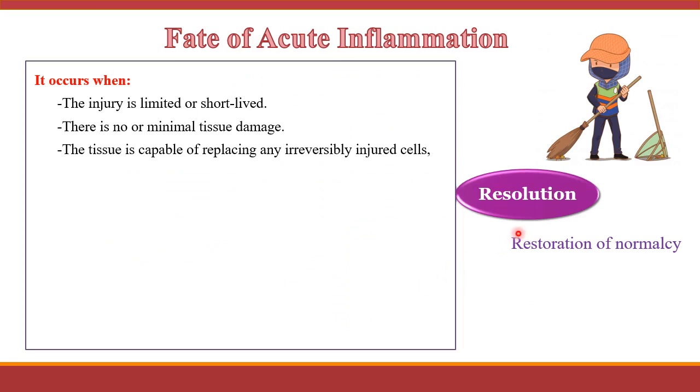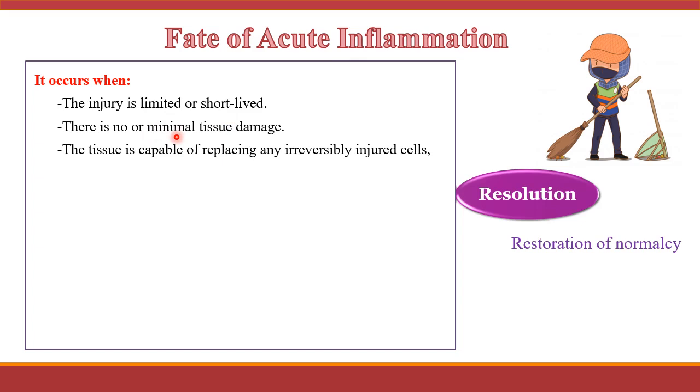First, the resolution. Resolution means that the normal tissue or organ will be completely restored, and there will be no sign of whatever happened in the acute inflammation in that organ. When exactly can we see resolution completely in cases of acute inflammation? First, if the injury is very limited or short-lived, something trivial or minor.